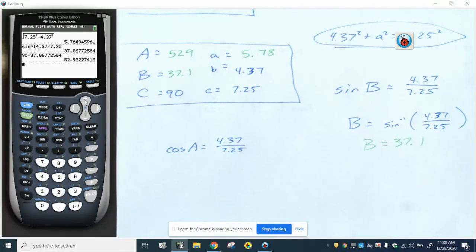And if I did the same thing and typed that in and said, instead of inverse sine, inverse cosine of that, I should get this other 52.9. Okay? And then that would have went there. If I would have subtracted, I would have got that angle there. So it really doesn't matter the order in which you do things.